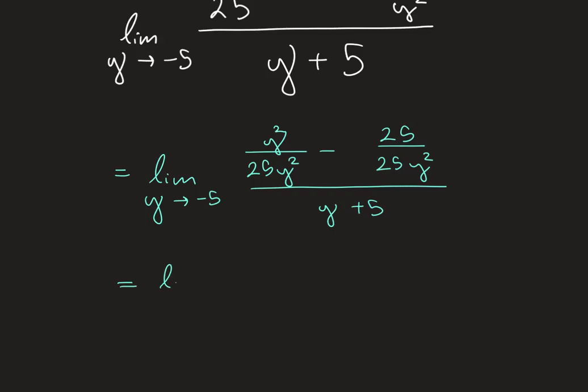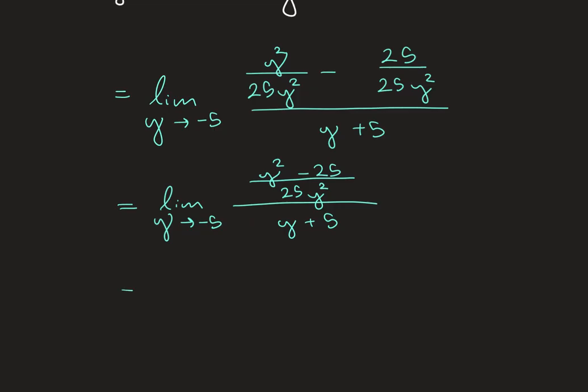So what I have in my numerator now is, I have the limit as y approaches -5, y squared minus 25, all divided by 25 y squared, all divided by y plus 5. A little bit more algebra, that takes me here.